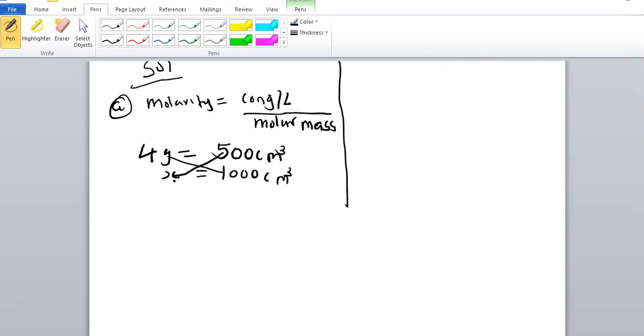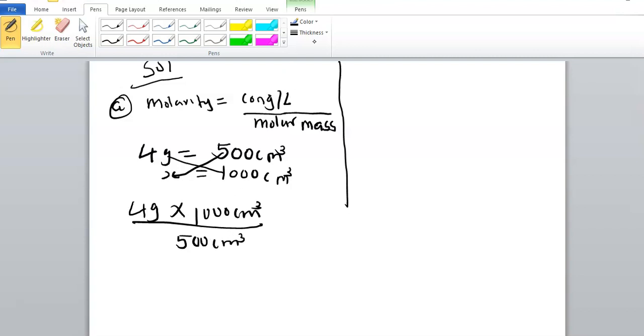Then we have 4 gram is equal to 500, and then 1000 centimeter cubic. How much will it be equal to? You will say 4 gram times 1000 centimeter cubic, over 500 centimeter cubic.